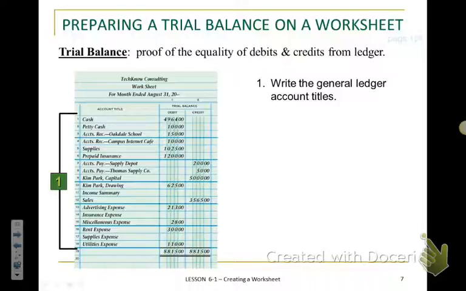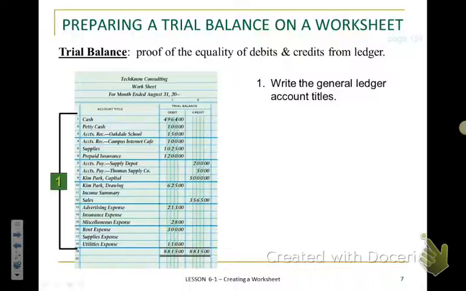For instance, down at the bottom under the expenses, you don't have any balance in your insurance expense, your supplies expense, or your income summary account. That's fine, you still include them. You include them in the order that is in the ledger, which should be the same order as your chart of accounts: assets, liabilities, owner's capital. Then we have our revenues, and then we have our expenses.